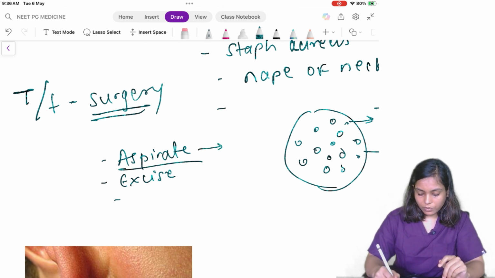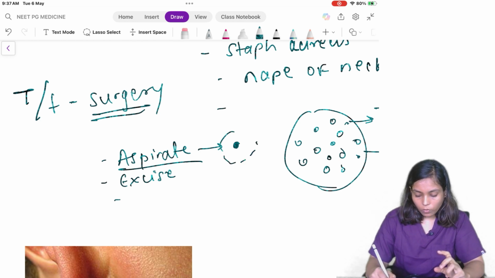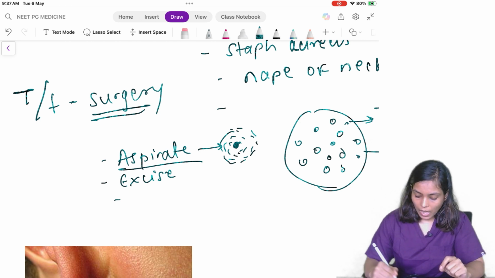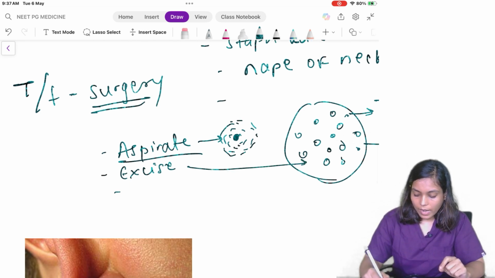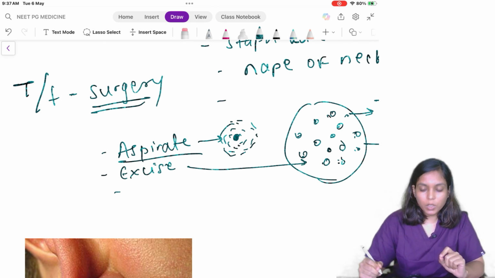If there is involvement of a single origin or the collection of pus is having a single cavity, then you can think of aspiration. But as in this case there are multiple sinuses and there are locules in between them, you can't aspirate it.